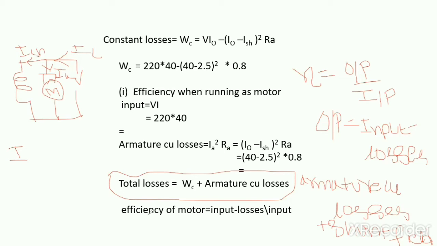Next, coming to the efficiency. What is the formula for efficiency of a motor? That is input minus losses by input. What is the input? That is V into I, 220 into 40. Then 220 into 40 minus total losses, which is WC plus armature copper losses.